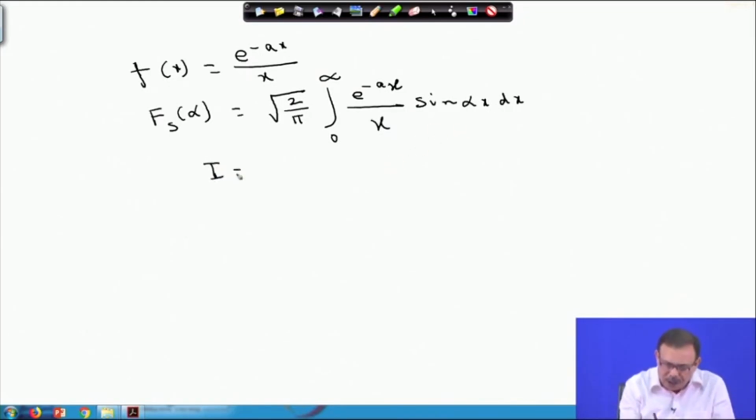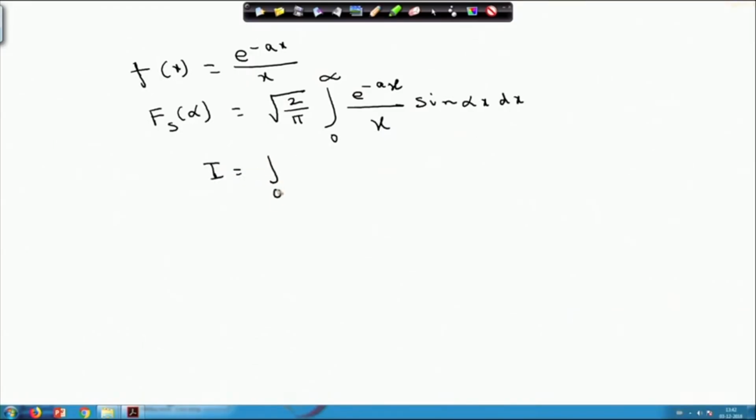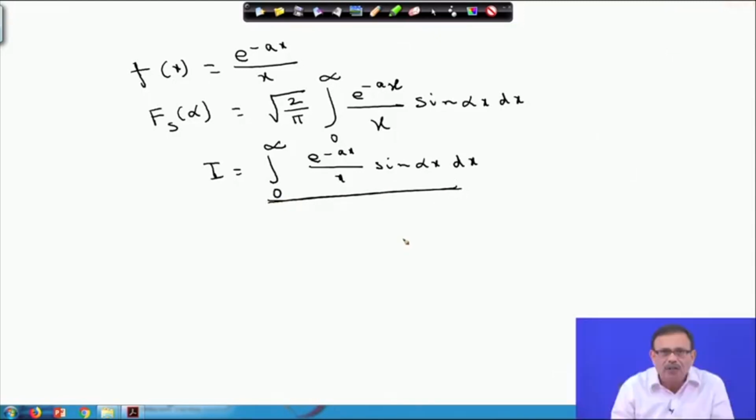Let us assume that I equals this integral. To evaluate it, I can use the normal integration approaches, or as in the last example, if you remember, we took the derivative of the given integral using differentiation under the integral sign.